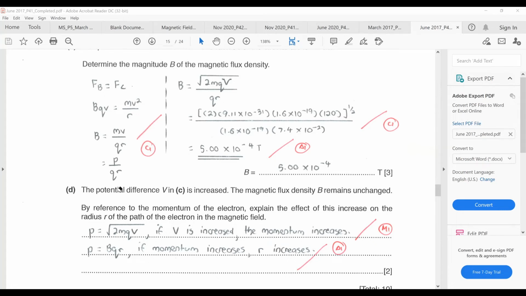Now the potential difference V in C is now increased. The magnetic flux density B remains unchanged.